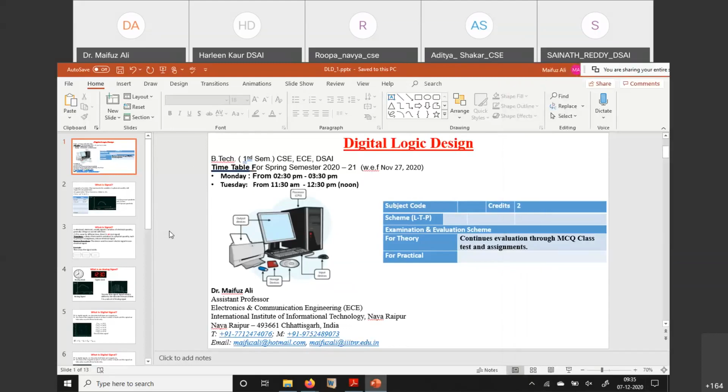After each 3-week class, we will go through one MCQ type class test.